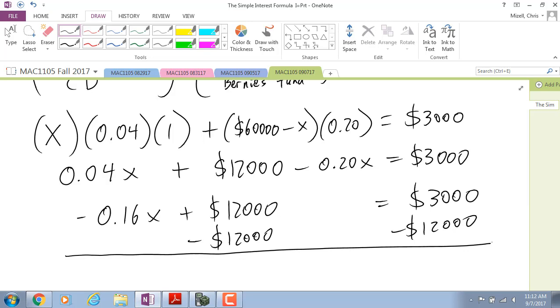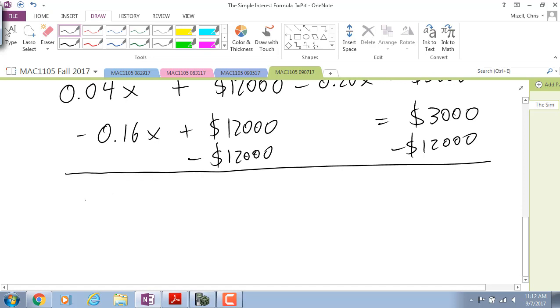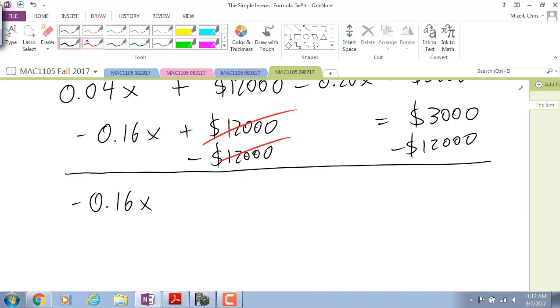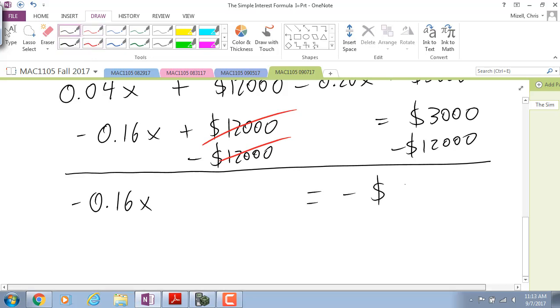So we want to make sure we hang on to those dollars. If we had dollars in every term, we could divide both sides by a dollar, in a case where x is maybe the number of pounds of a substance or something like that rather than dollars, and we could do away with it. But we need to hang on to the dollar sign. Negative 0.16x, I'm going to cancel those 12,000s there. This equals negative $9,000.